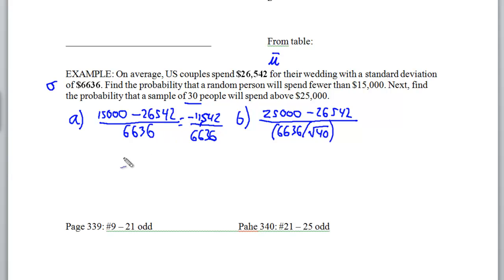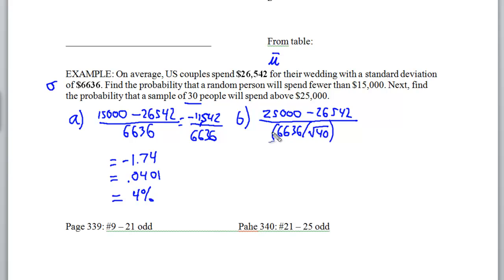We do the division and we get a z-score of negative 1.74, which means that we're going to have a percentage of about 4%. So it's not very likely if we take the entire population and we pick somebody at random that their wedding's going to be less than 15 grand. It's 4%. Not very likely.